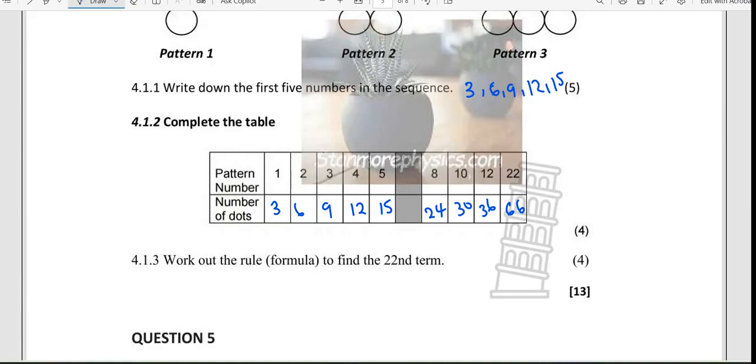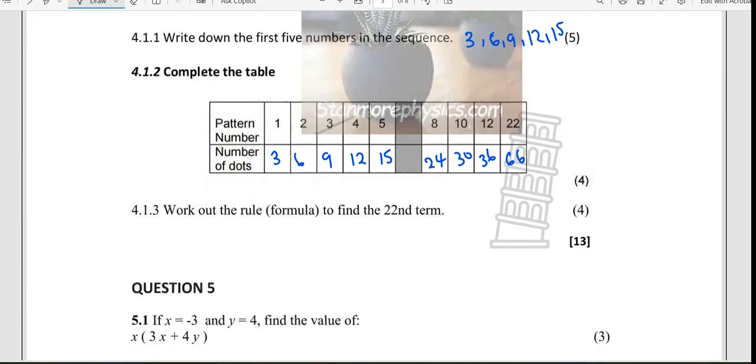Don't be confused by this. They've skipped. Just continue, we are just adding three. They just skip 6 and 7, they go to 8 and skip 9.